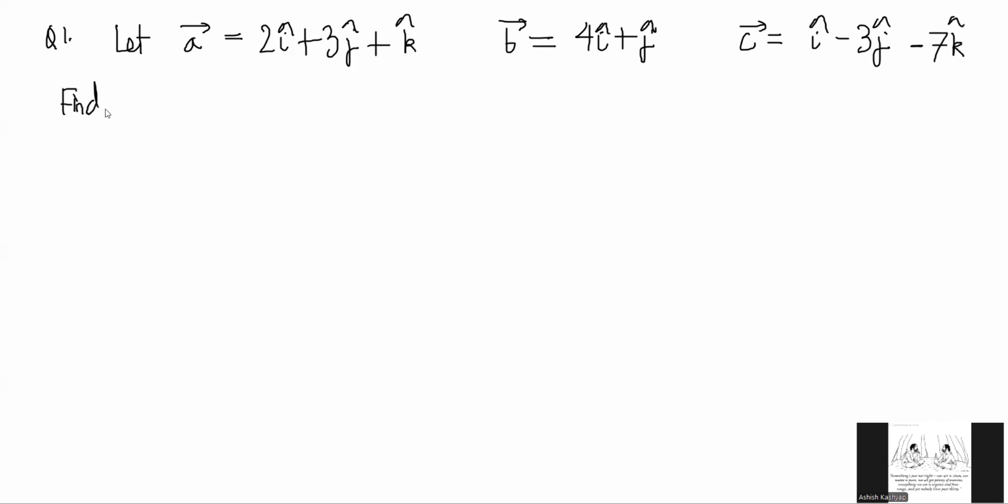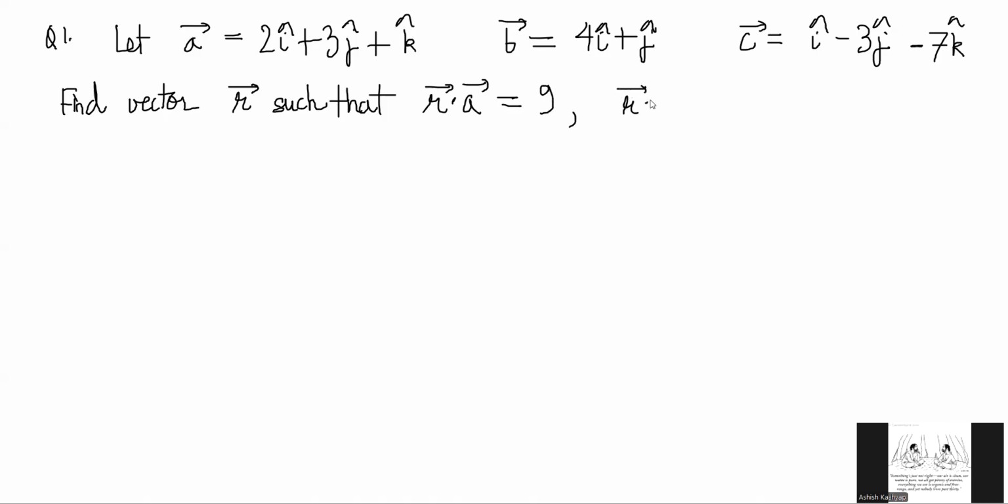Find vector R such that R dot A is equal to 9, R dot B is equal to 7, and R dot C is equal to 6. So it is a simple dot product question.